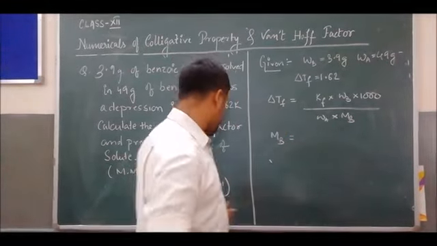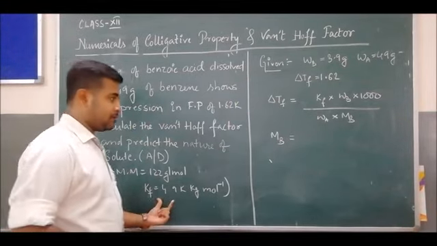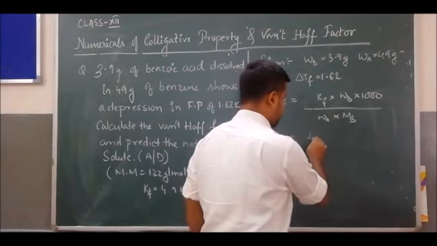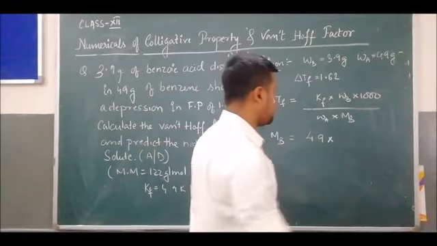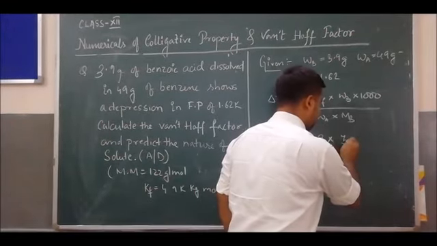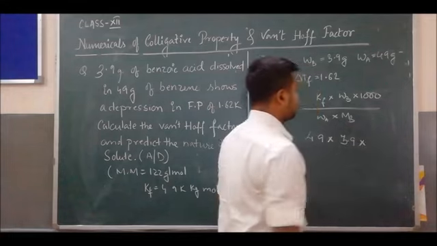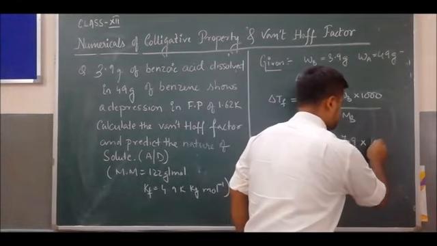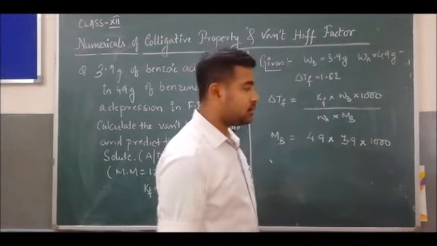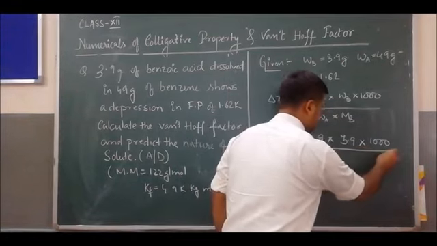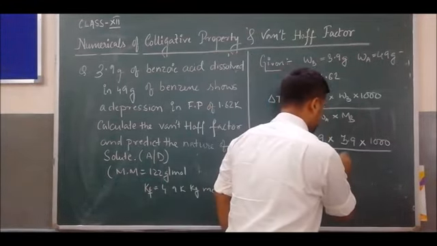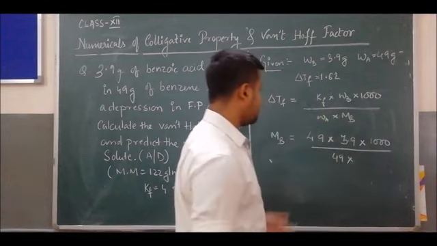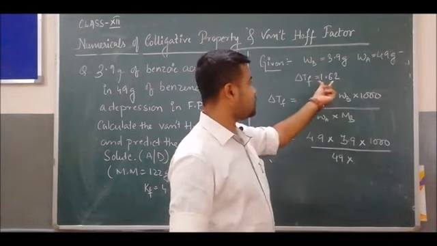What is the KF value? KF value is given, 4.9. So we will put the value 4.9 into WB, which is 3.9 gram, into 1000, divided by WA, 49 gram, and MB we have to find out, and delta TF is 1.62.